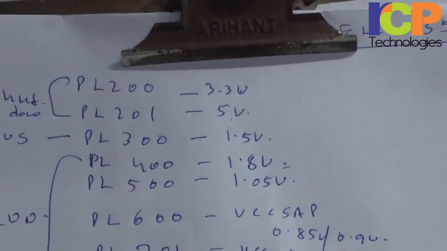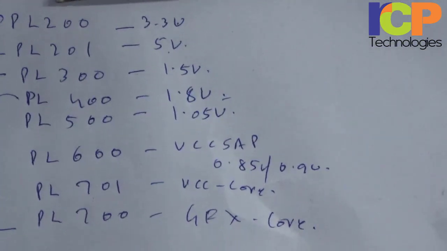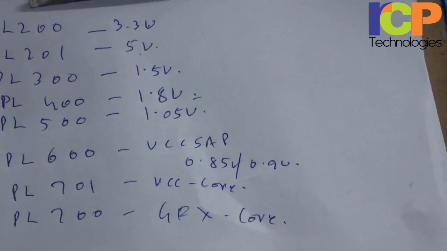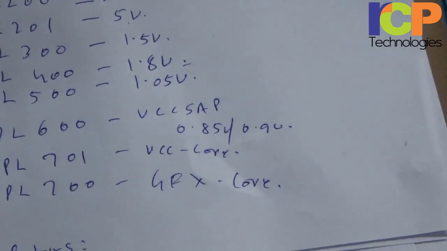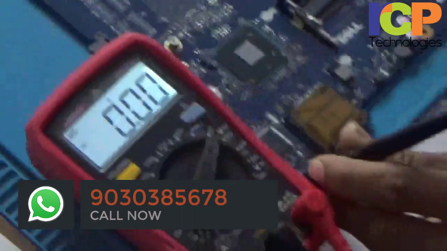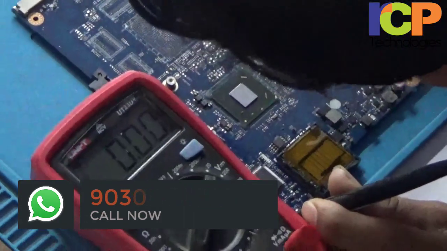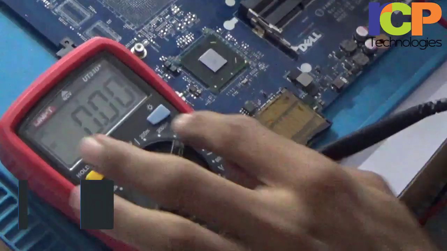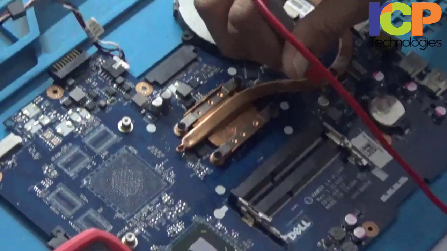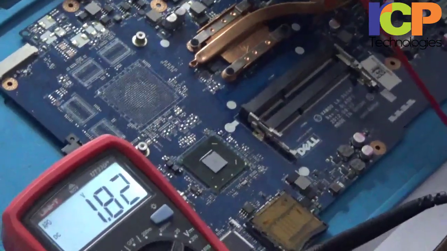After memory voltage, PL400 is 1.8 voltage, PL500 is 1.05, PL600 is VCCSA. So one by one you are going to check. Which coil are you checking? 1.8, PL400. Okay, what is the voltage at PL400? 1.8. That is also correct.